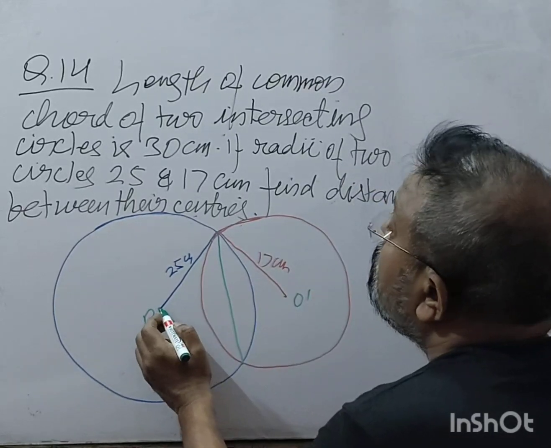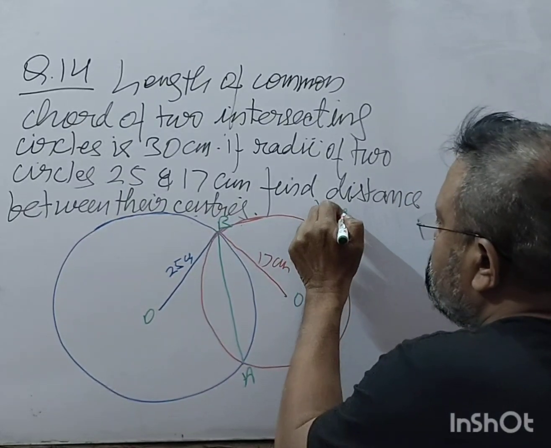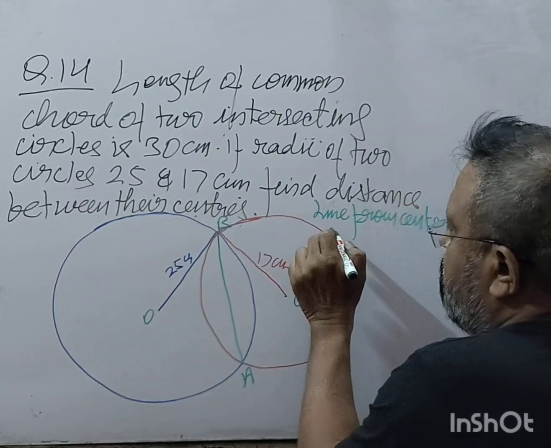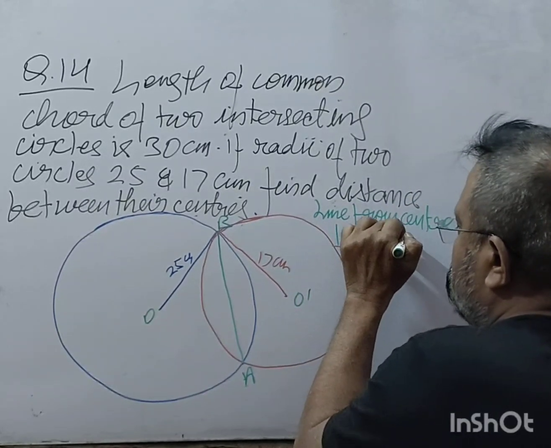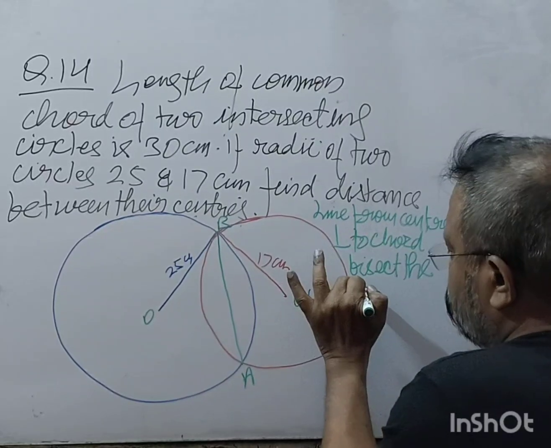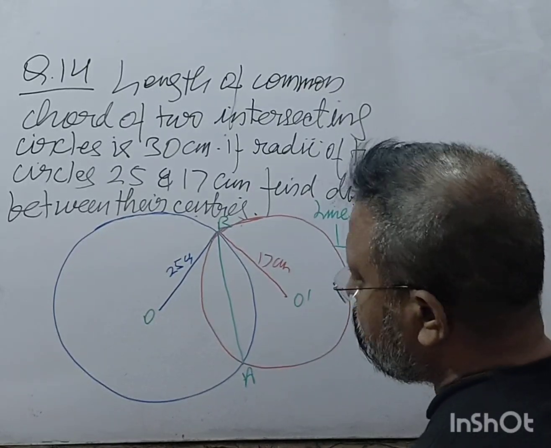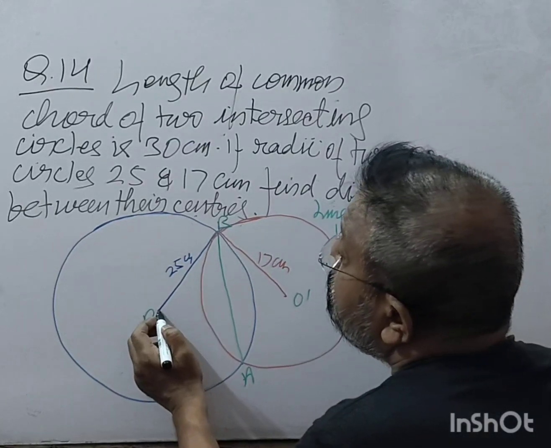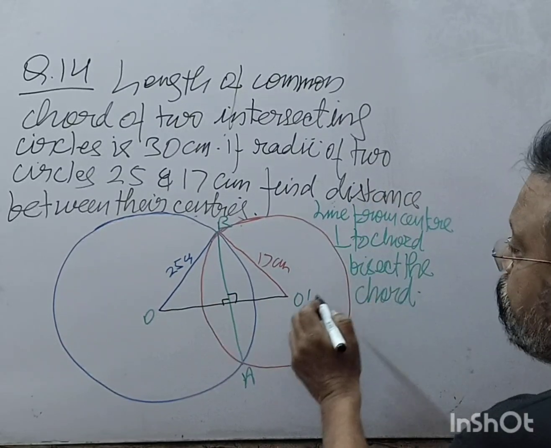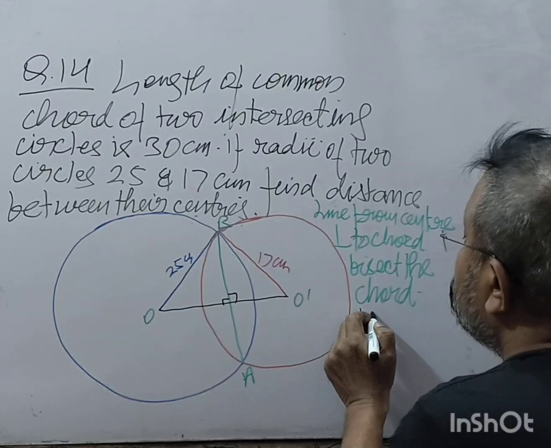This is A, this is B. A line from the center perpendicular to a chord bisects the chord. So the chord is bisected here, and this is 90 degrees, this is 90 degrees. By construction we have done this.